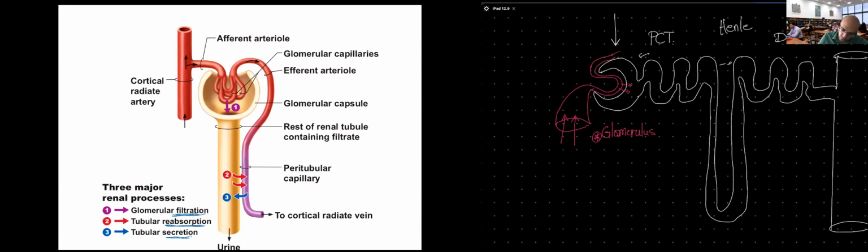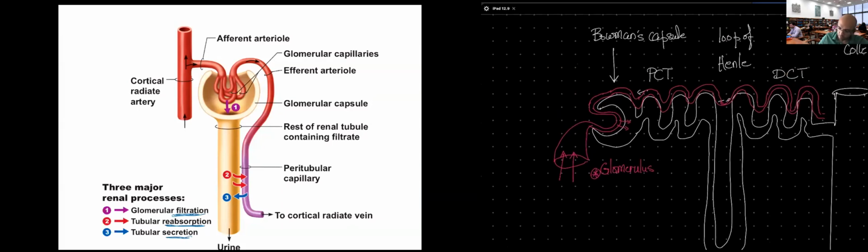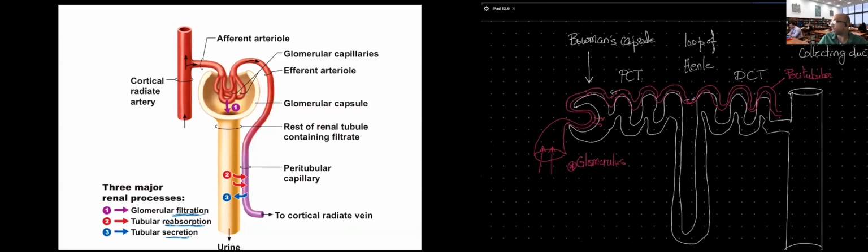Remember, as a continuation of the efferent arteriole, I've got tufts of capillaries that will be surrounding my proximal and distal convoluted tubules. Those are what we call the peritubular capillaries. Peri means around, and they are located around the tubules, so we're going to call them my peritubular capillaries.